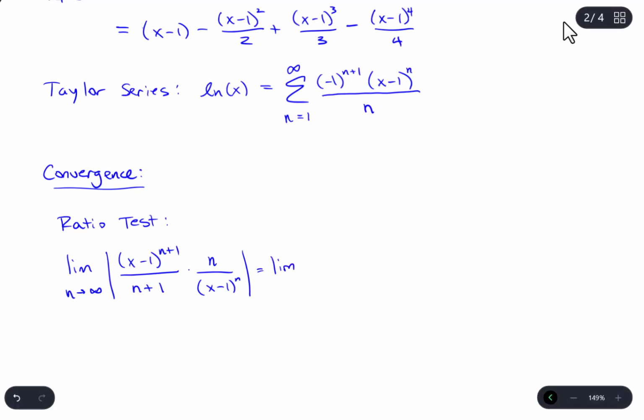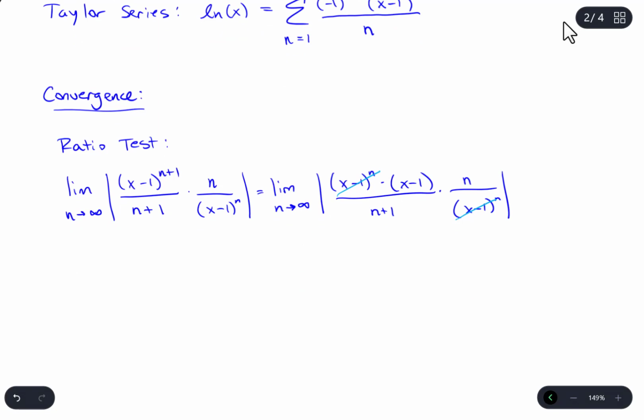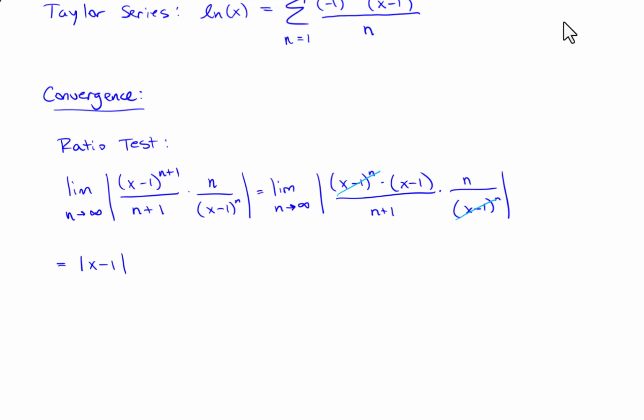In evaluating this limit, x minus 1 to the n plus 1 could be written as x minus 1 to the n times x minus 1, all over n plus 1. And then this hasn't changed. What's nice about doing that is the x minus 1 to the nth power cancels in the numerator and the denominator. X minus 1, that factor can come out as a multiplier since it's not changing with respect to the variable n.